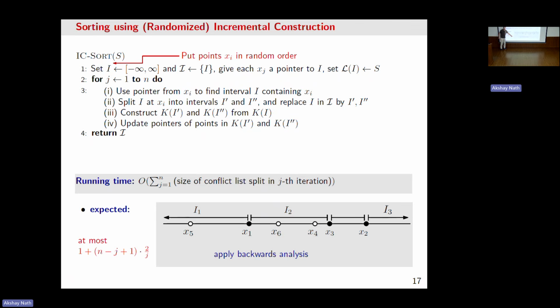Every point has probability 2 divided by j to be involved in that step, because that point is in one interval, and only if one of these 2 points was the last one do I have to count that point. There were j points in total, so the probability is 2 over j. So I get 2 over j times the number of points, and the +1 is because the point itself that we added, we also have to take into account.